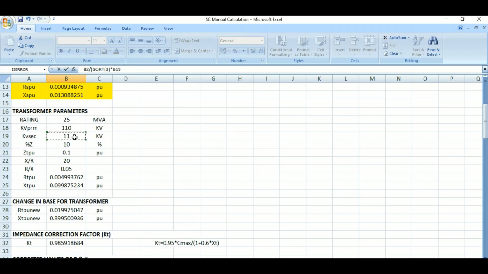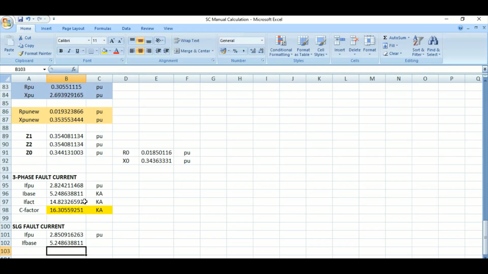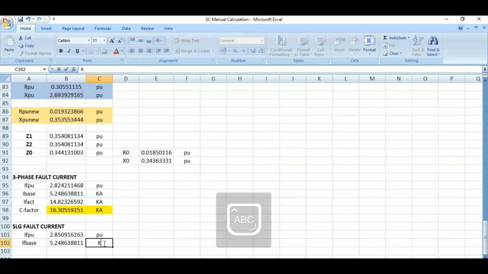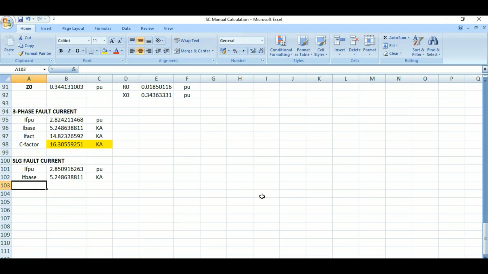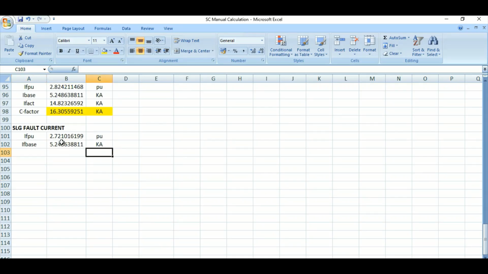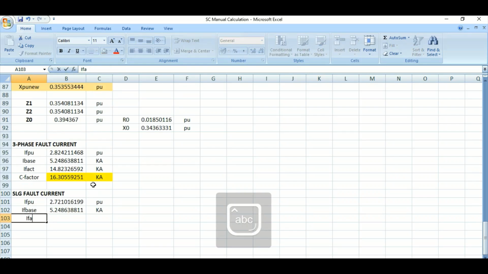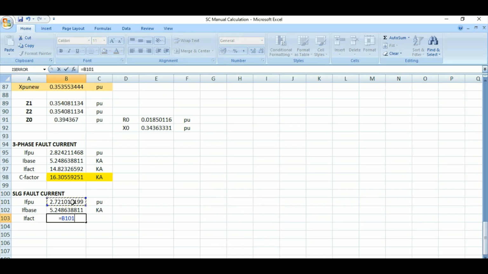Base kV means 11 kV. So this is in kA. This is the fault current per unit value, and this is the base current. So what is the actual fault current? It equals the per unit value multiplied by this base current.